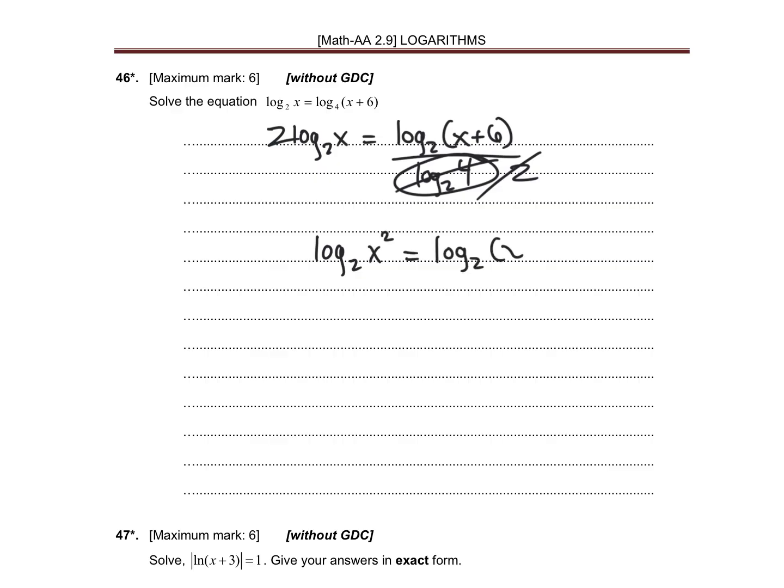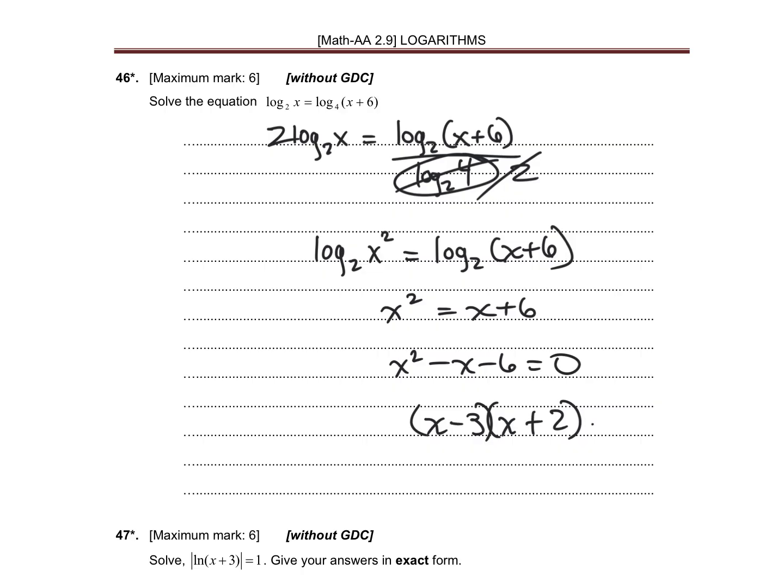And we have that x squared is going to equal x plus 6, quadratic. So x and x, it's got to be 3 and 2, because we're going to minus and plus. So x is 3 or x is -2. And because of that up there, it can't be that.